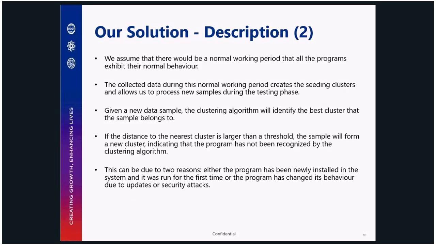And if a new sample is not able to find proximity to one of the clusters within the defined threshold, then it will form a new cluster, which shows that it is aloof from the existing behaviors. This can be possible either because it is newly installed and detonated for the first time, or because the program has changed its behavior because of some compromise or an attack.